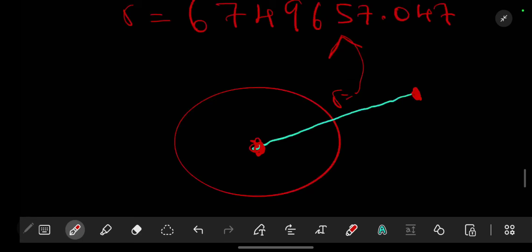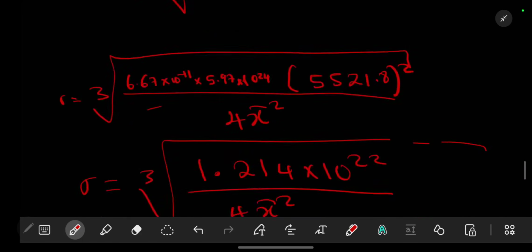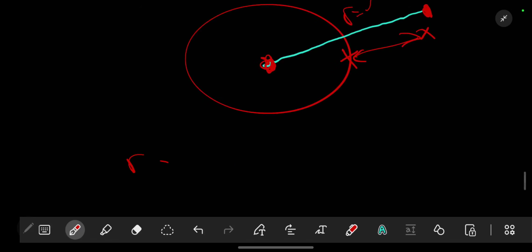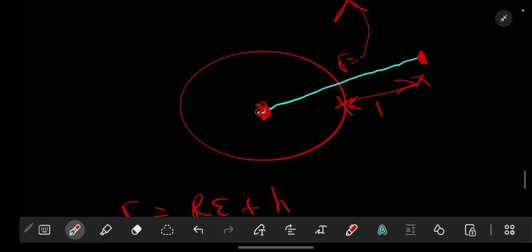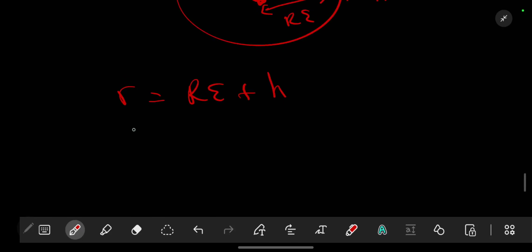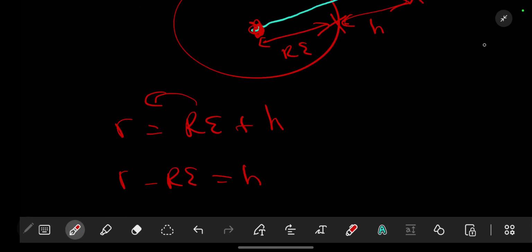Now to find the height from the surface of the earth, that means from this surface to where it is, you are going to subtract. Now we are going to say R is formed by the radius of the earth plus the height, that is from the surface to there. So we are going to have our radius minus the radius of the earth should be equal to h.